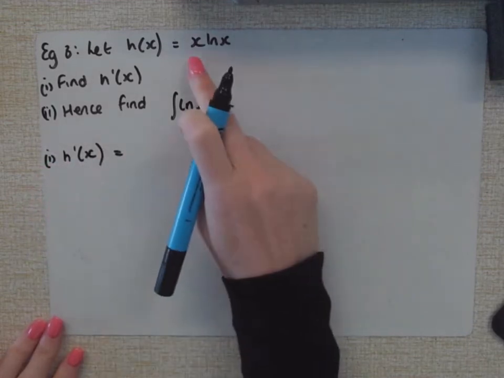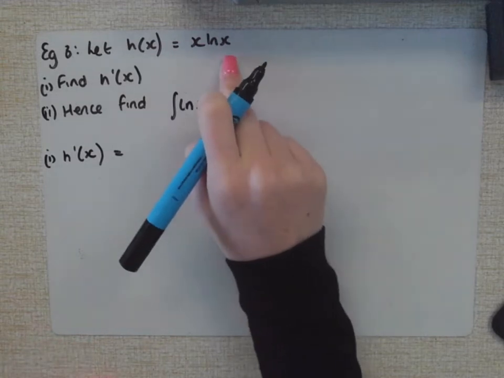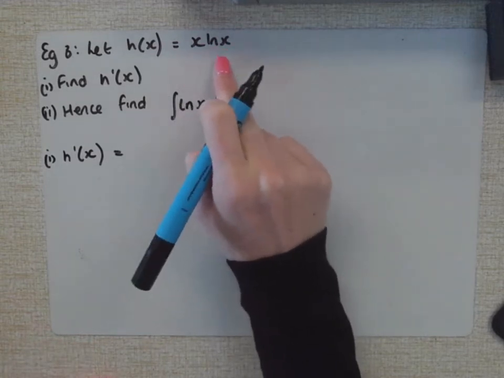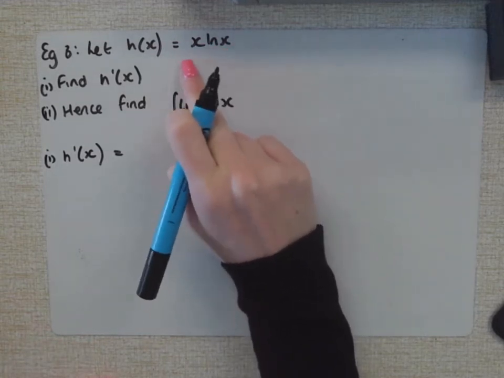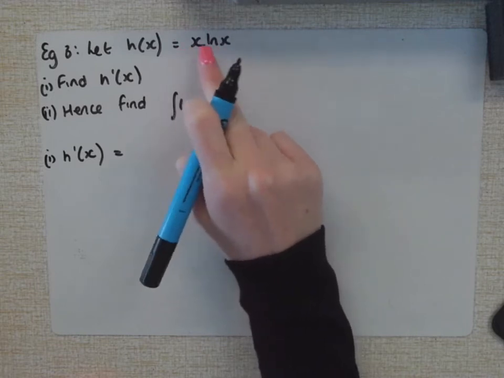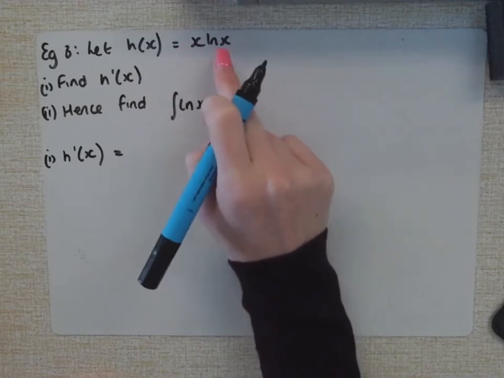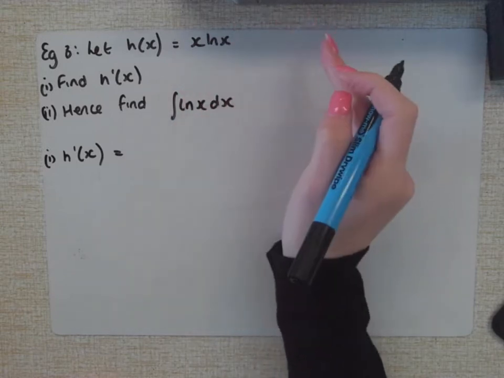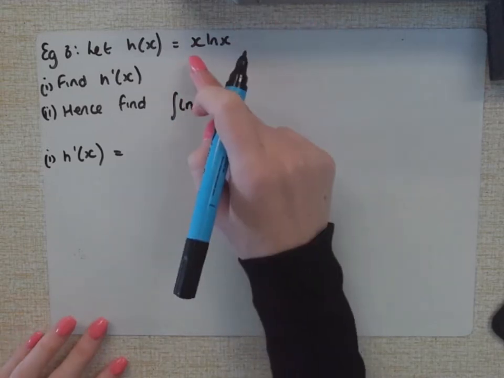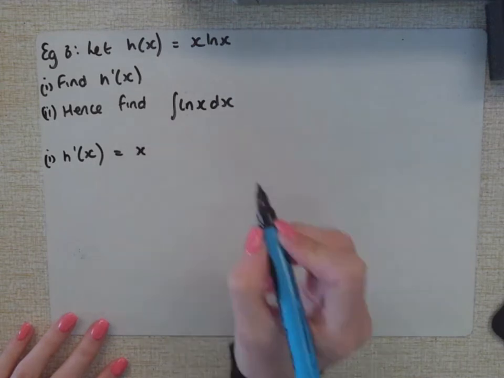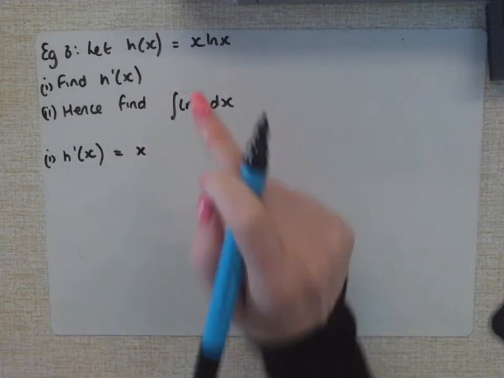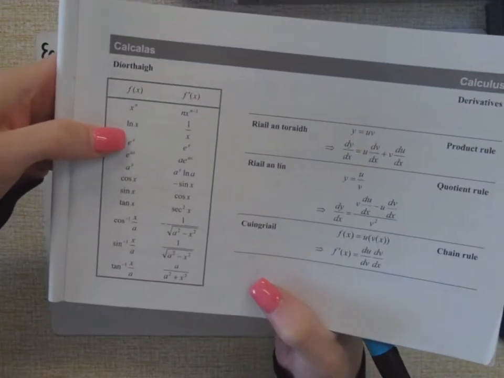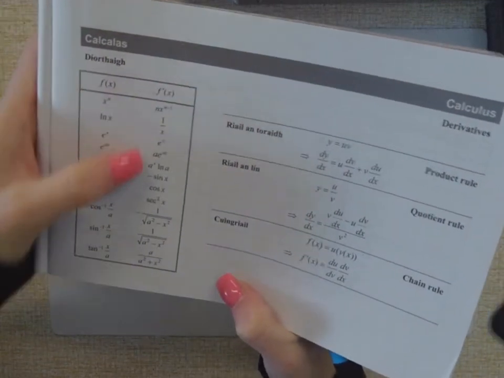Now, x ln x, go back to your calculus. What's happening here? It's product rule. Two things being multiplied and they both have x. It's product rule. So it's u times dv dx plus v times du dx. Do you remember that? So it's u times dv dx. So ln x, when you're differentiating ln x, you get 1 over x.